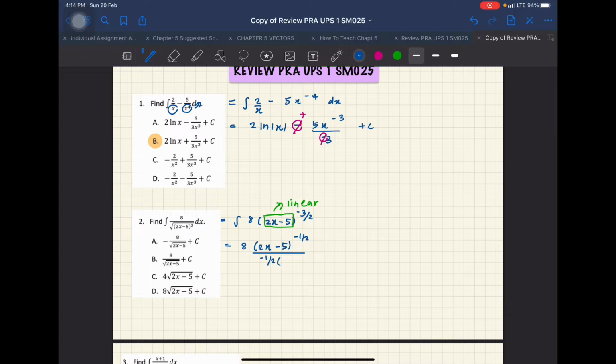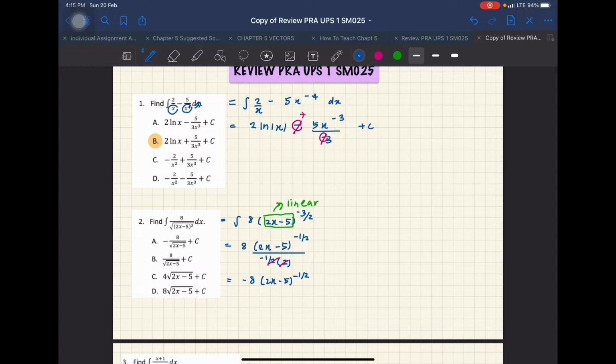And then also you need to divide by the derivative inside the bracket, which is 2. Okay, settle. This one cancel out, this one cancel out. So ada satu sahaja dekat bawah. So awak akan dapat negative 8, and then 2x minus 5 power of negative 1 over 2.